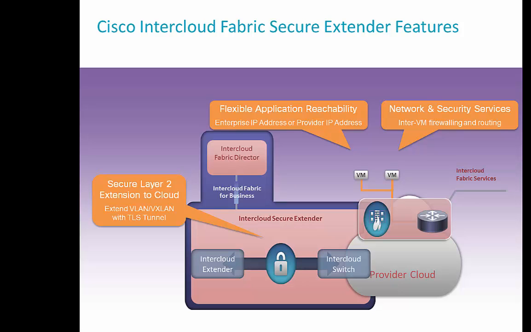On top of that, once in the cloud, probably we are more concerned about security. As I said, all communication from the ICS to all the VMs is encrypted, and also we can have inter-VM firewalling through VSG, and also routing. Now, firewalling, this VSG can do the inter-VM firewalling within the same VLAN, unlike a typical firewall.